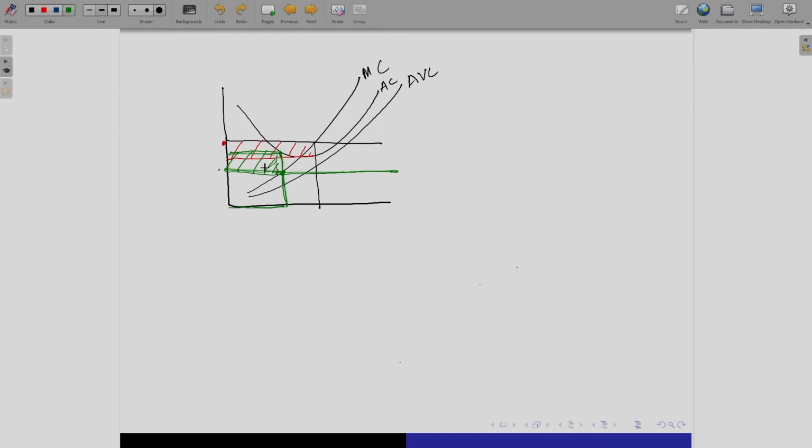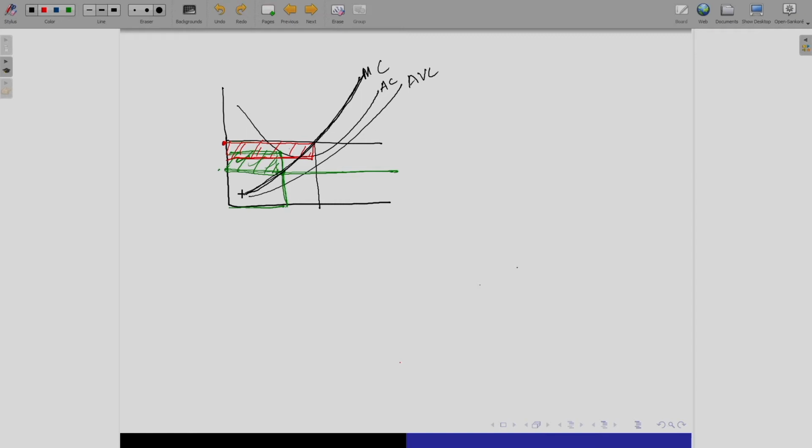So this box is the loss. Here this red box is the profit. So in this case, if the marginal cost is always increasing, then the whole marginal cost curve is the supply curve of each firm.